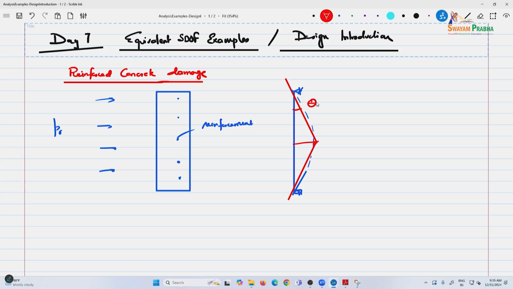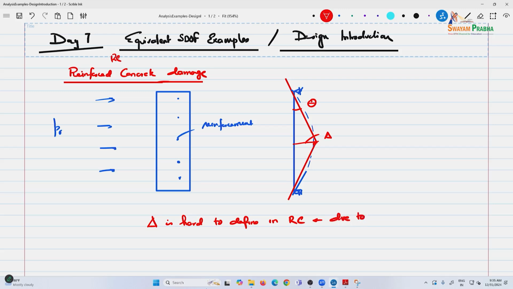It's hard to define the peak delta, delta is hard to define in RC.